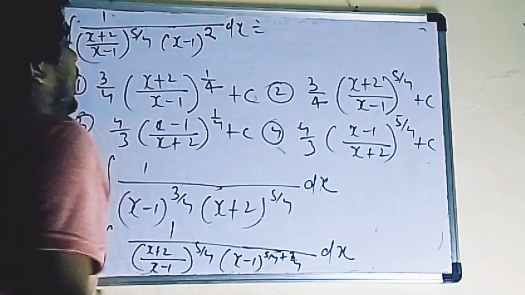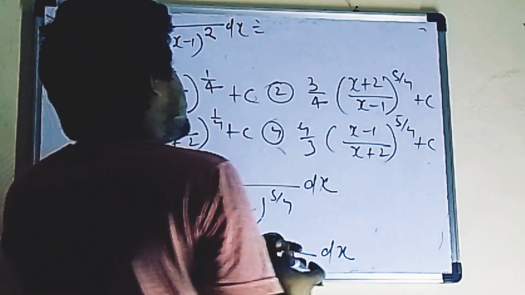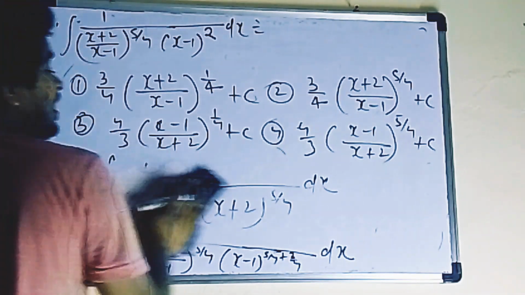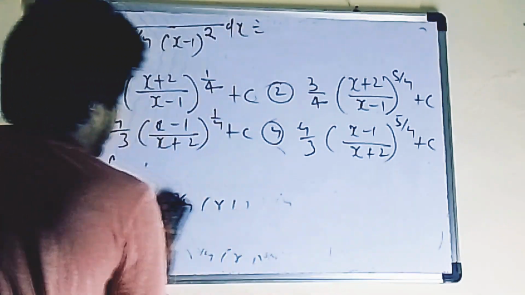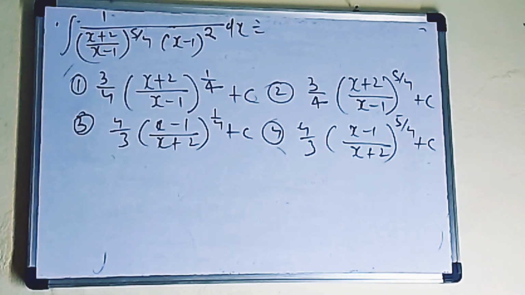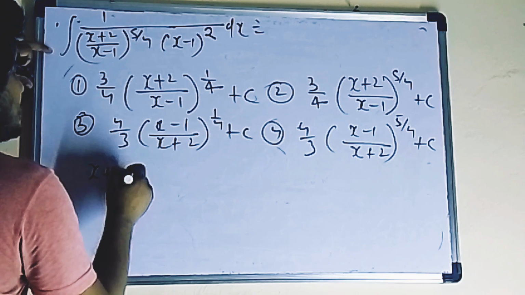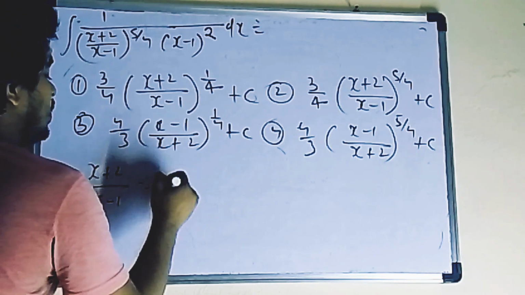Now put (x plus 2) divided by (x minus 1) equal to t. You may think I am taking a big risk. Will I get dt here or not? That's why I am saying put it and just check; if you don't get it, we will do something else.